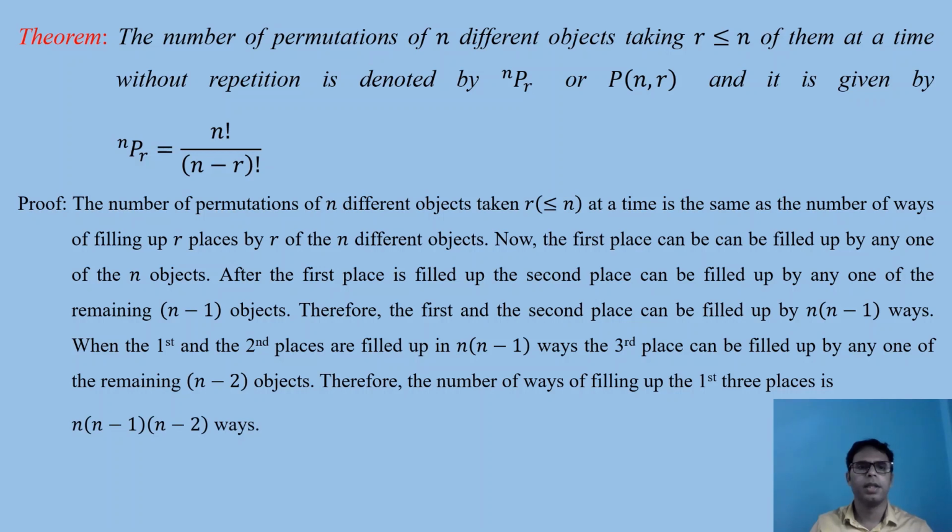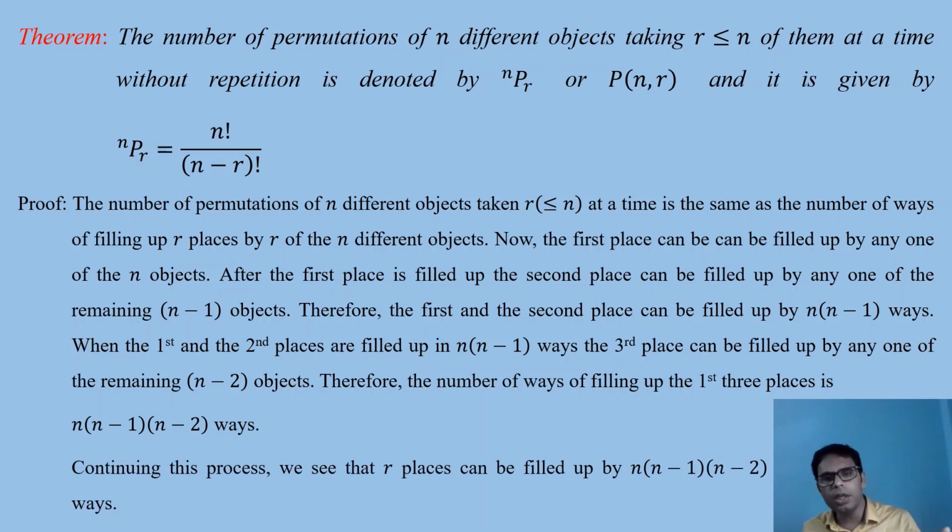So this is the number of ways to fill up the first places. Then continuing this process, the r places can be filled up in this number of ways: n into n minus 1 into n minus 2 and so on into n minus r plus 1. And how it is n minus r plus 1, I just told you.